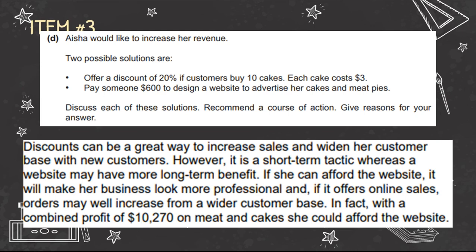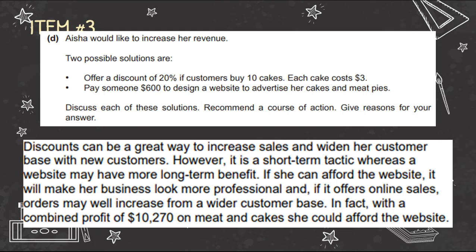So the 20% of 30 is 6. So $30 minus 6 is 24. So Aisha will receive $24 if all 10 cakes are sold.